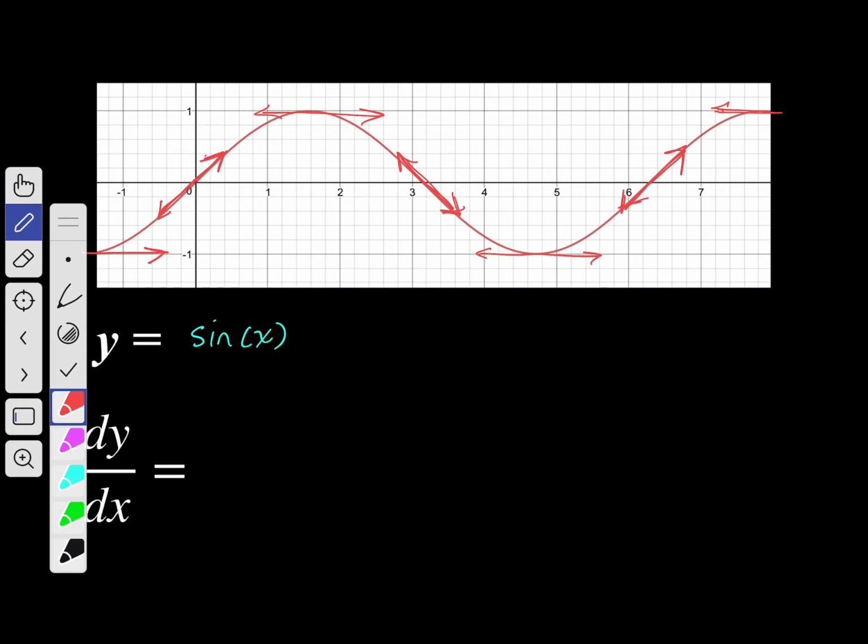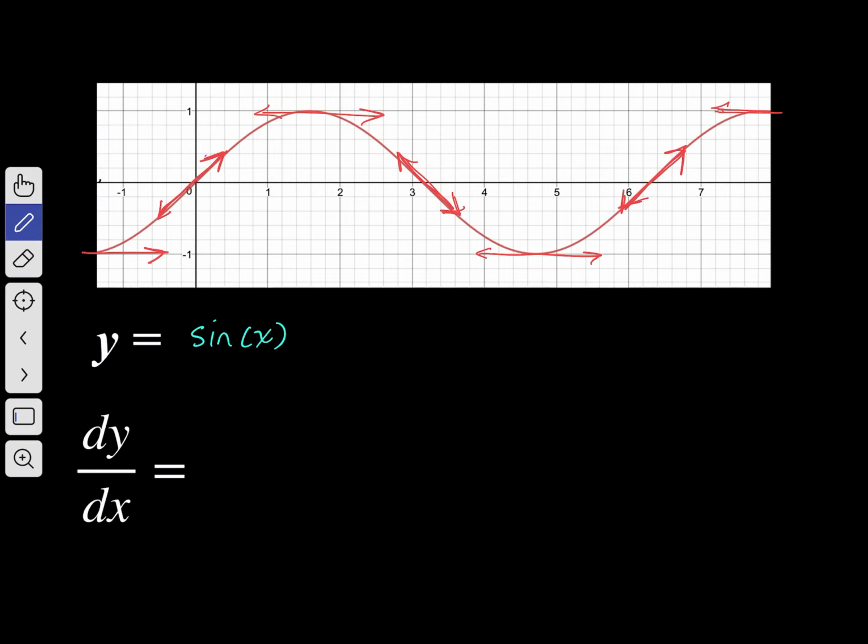If we plot those values on the same graph, so we're going to plot 0, +1, 0, -1 right here, 0, +1, and 0. And then let's connect with a smooth curve.